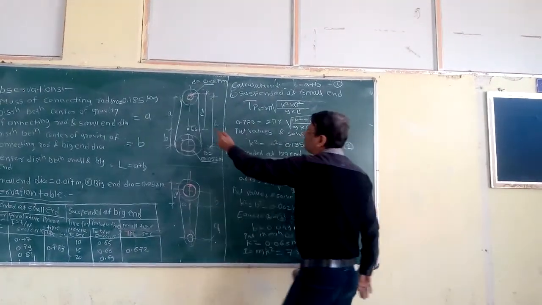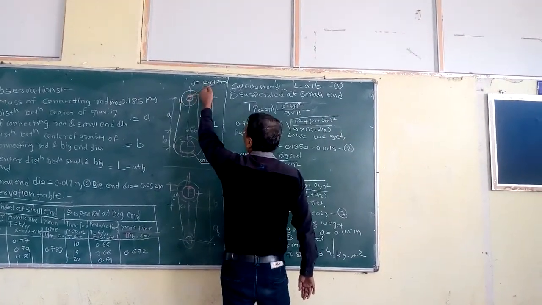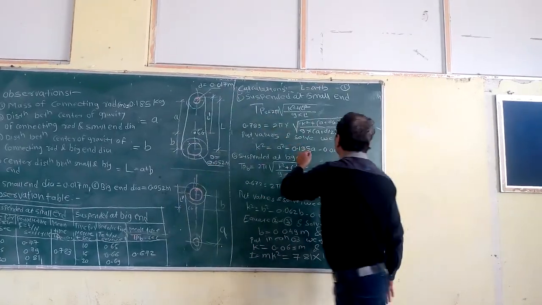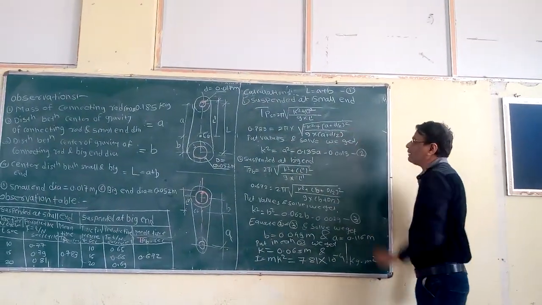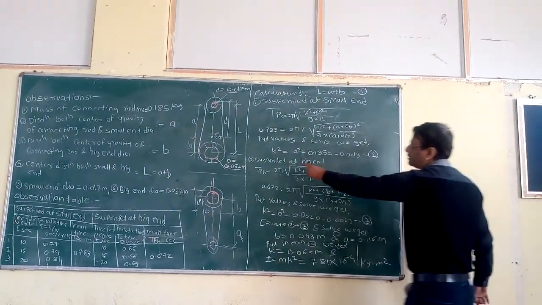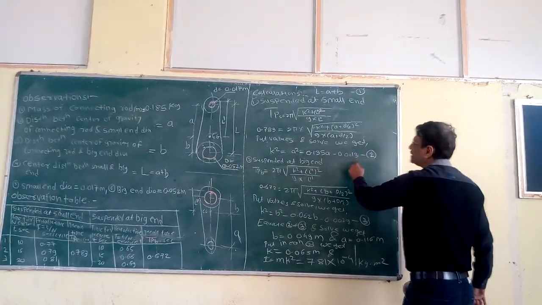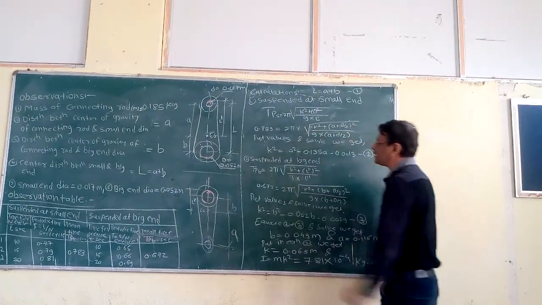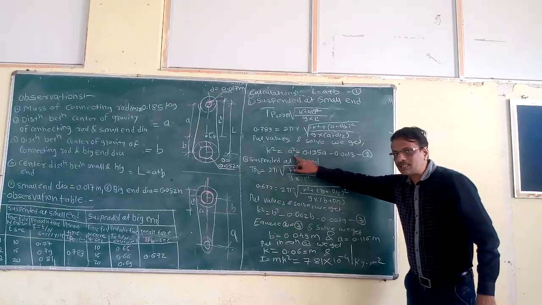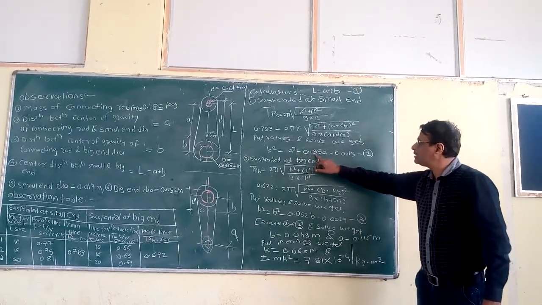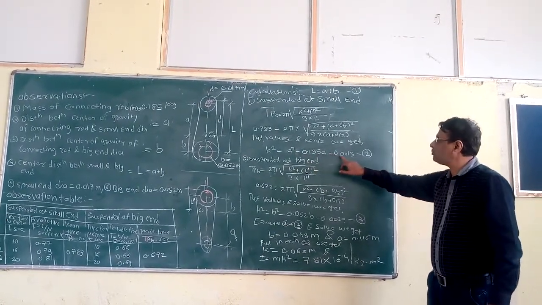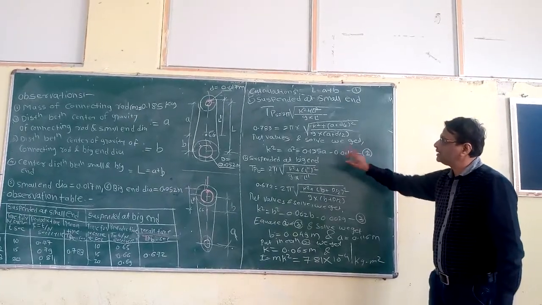This is nothing but the small end diameter. It is 0.017 meter, so it is 0.017 divided by 2. This way you get one equation. What is equation 2? It is k square is equal to a square minus 0.135a minus 0.0013.